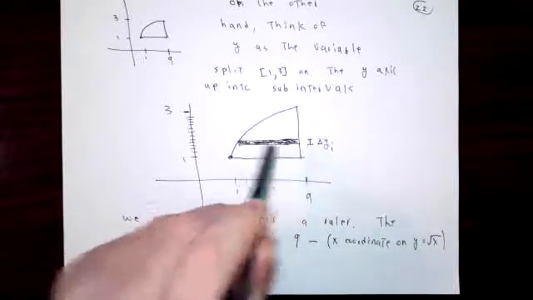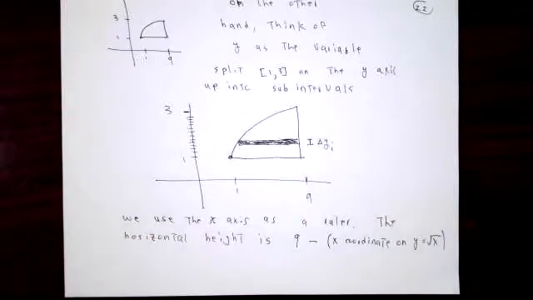This distance, the horizontal height, is 9 minus the x coordinate on the graph of y equals square root of x. And as I just said, the x coordinate would be y squared then. You might want to think about that kind of hard because we're using other variables than usual.